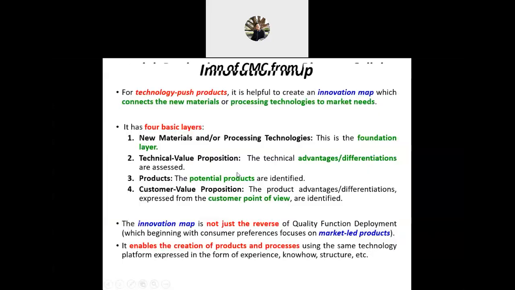Okay, so any question about the house of quality as well as the business model canvas? Actually, the business model canvas is not really related to chemical engineering, but is more for the business team. But I think it's quite good if you know about the business model canvas.